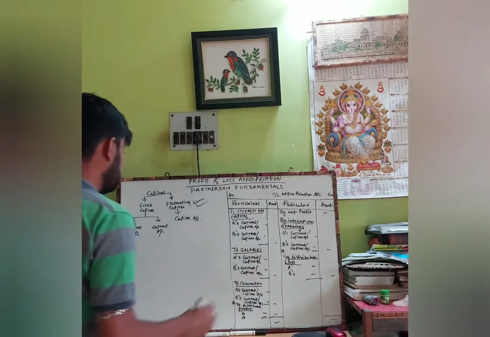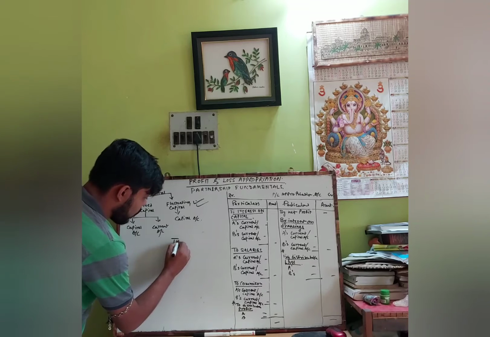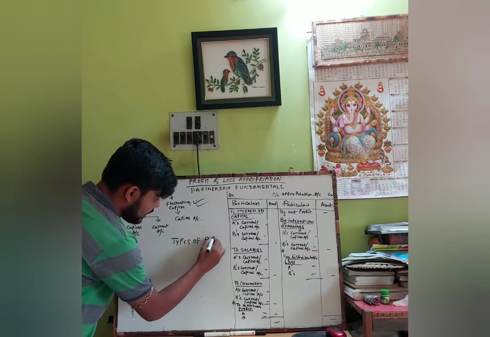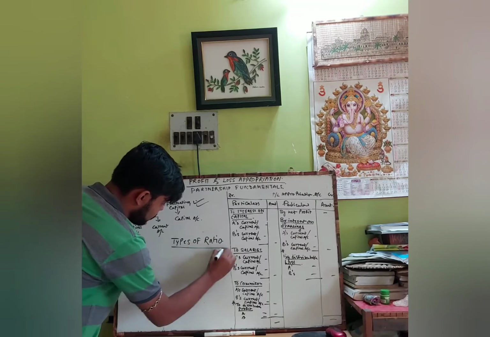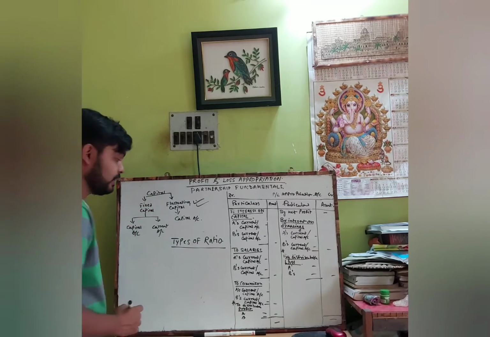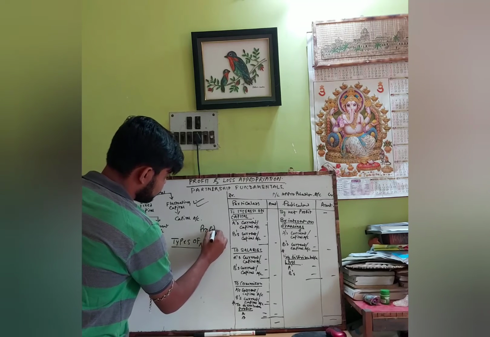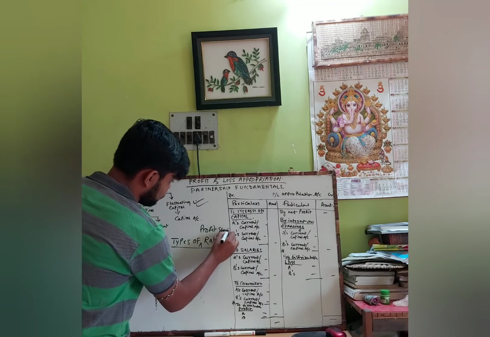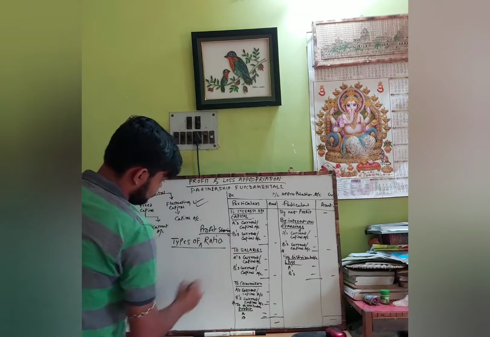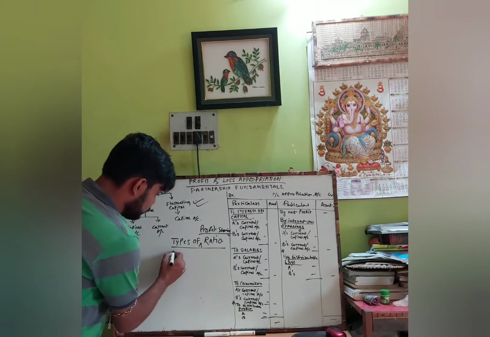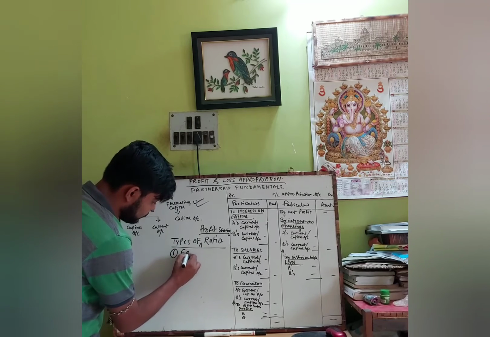Next, the types of ratio. What are the various types of profit sharing ratio? The first one is equally.